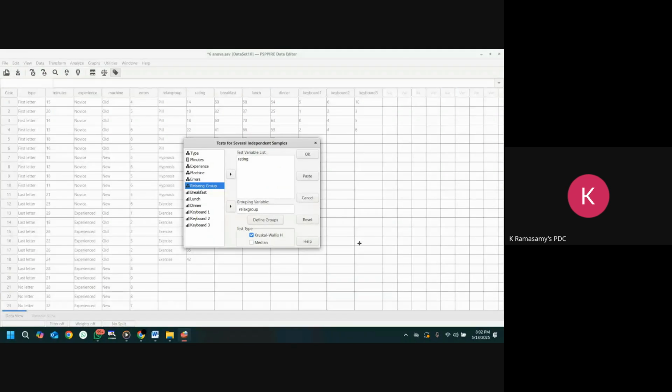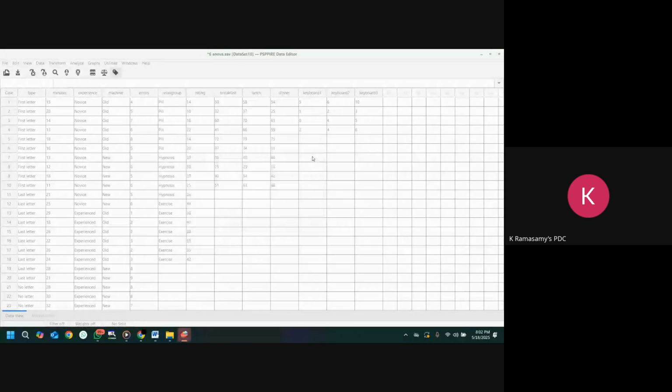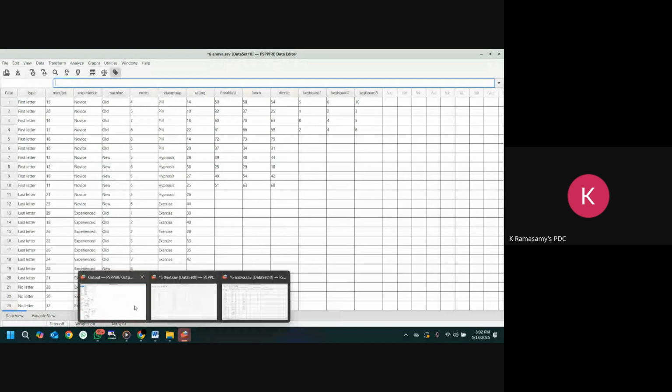You can use Kruskal-Wallis for both situations. Just click OK. Let me go to the output window.